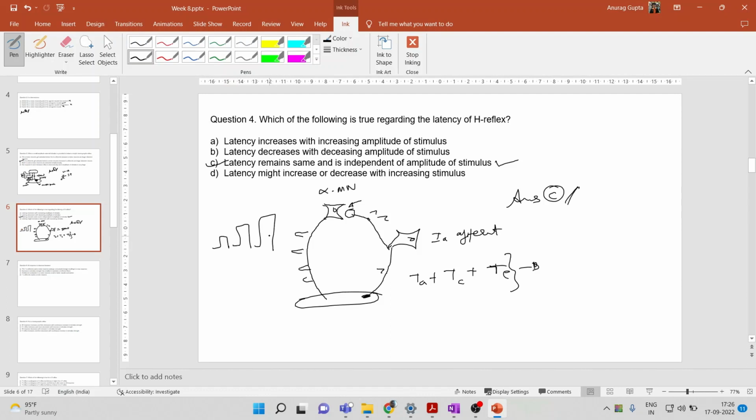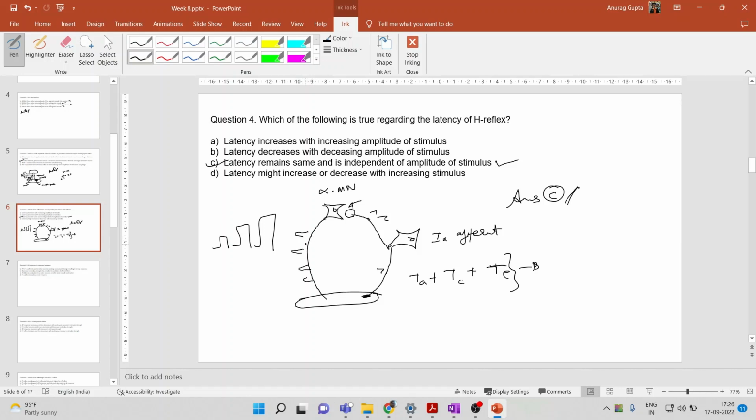the 1A afferents are anyways firing, causing the H response. But after some time, the amplitude is big enough to cause an action potential directly in the alpha motor neuron itself.